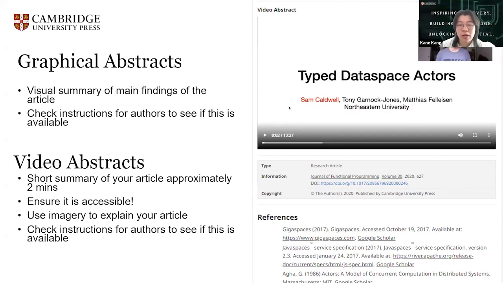Don't just show one author speaking, but try to use imagery to explain. And also check the instructions, because many journals do not provide these. So check the instructions for authors to see if it is available.